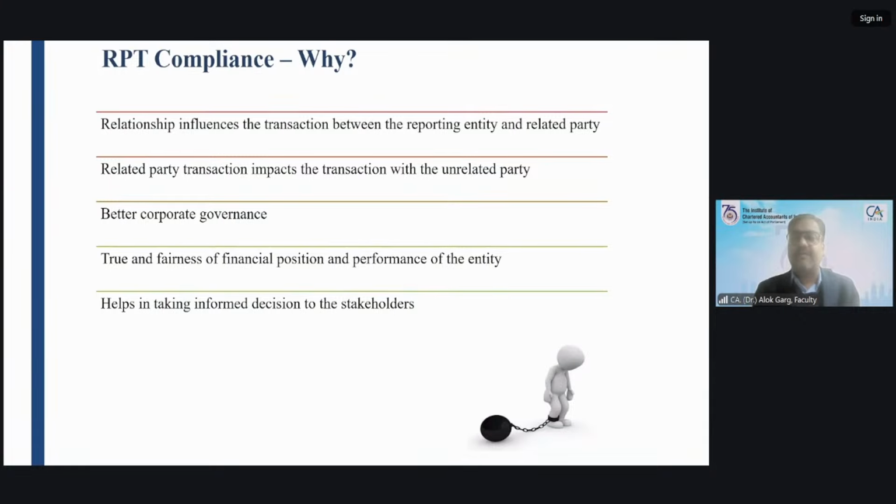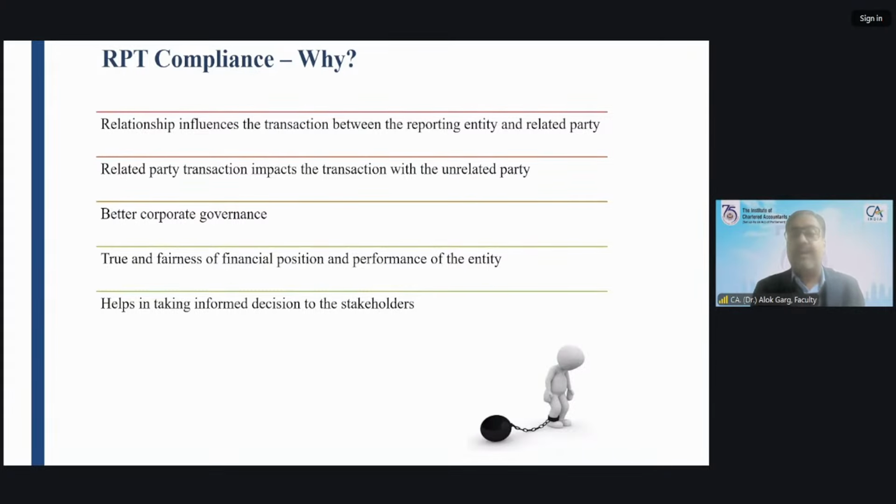So there is a lot of guidance around the related party transaction approval process. Who is a related party is defined under various acts and regulations. You will find the related party concept in income tax and GST as well. But here, our discussion is confined to Ind AS 24, related party disclosure.